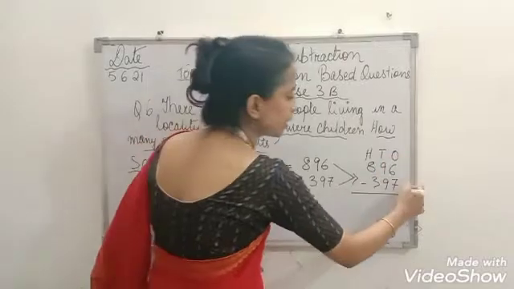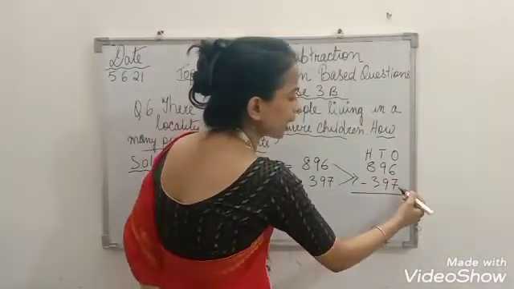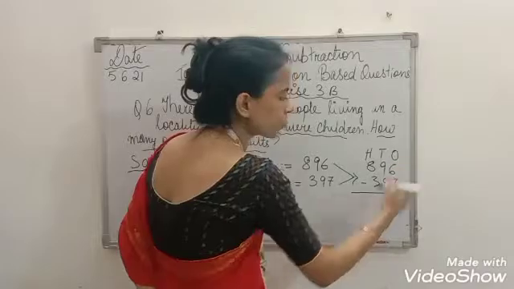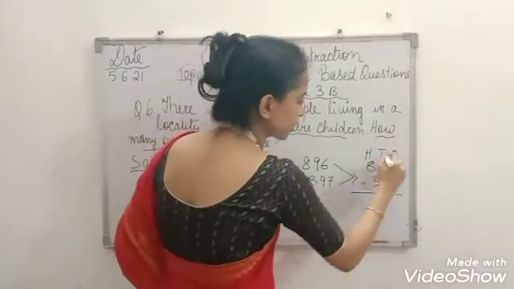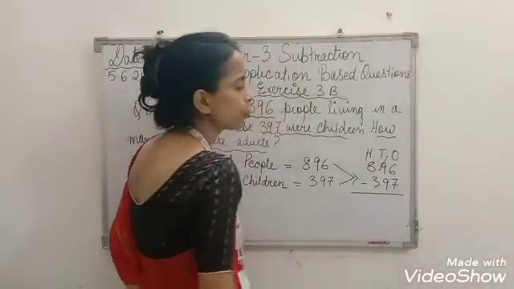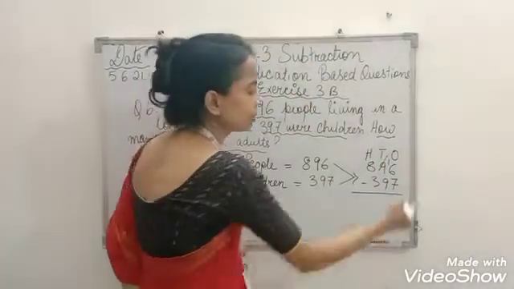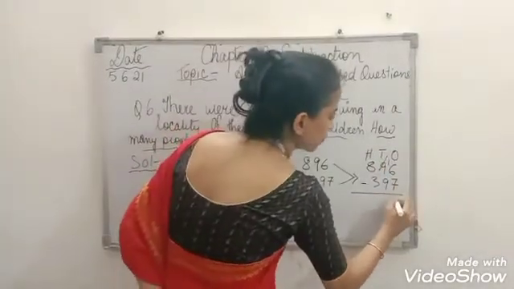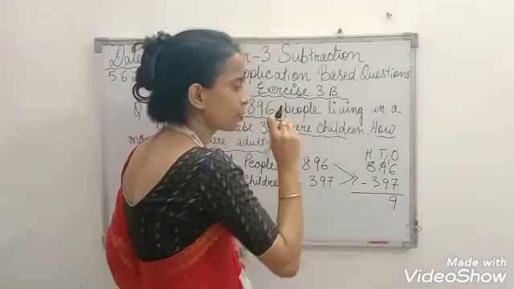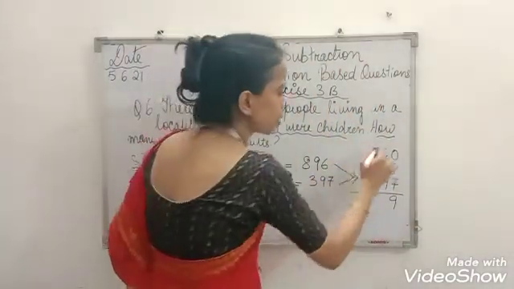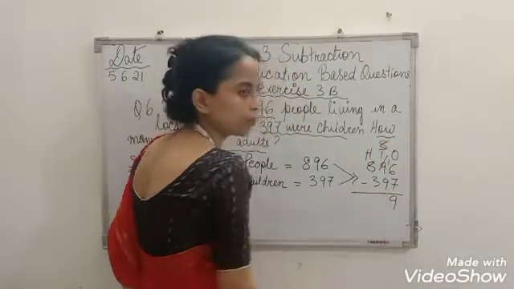So 16 minus 7. You see here in the ones place, we cannot subtract 7 from 6. So we need to regroup from the nearest place, that is the tens place. So we will borrow 1 ten. Then it becomes 16. 16 minus 7, 9. In the tens place, 1 ten given. How much left? 8. So we cannot subtract 9 from it.